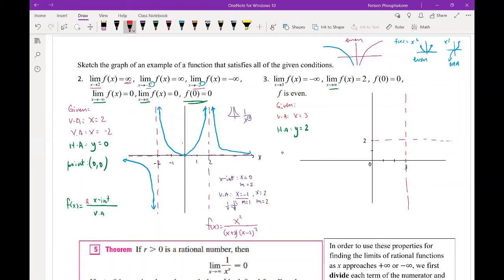Then, for x approaching 3, f of x goes to negative infinity. So in this case, I will have something like this, and I have a point 0, 0.